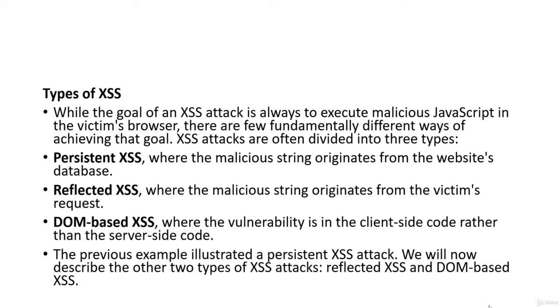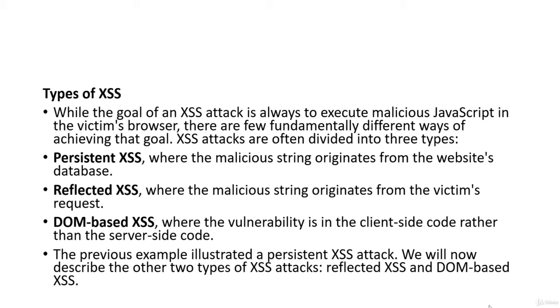The next one is the reflected XSS attack. This is the type of XSS where the malicious string, that means the code, originates from the victim's request. That means it will only be reflected to particular victims. Whenever anyone opens the infected link or URL, it will be visible only to that victim, and it won't affect the whole or broad domain of users that visit the website.